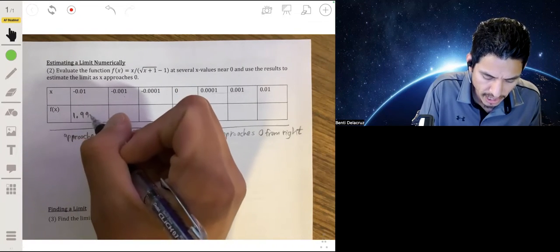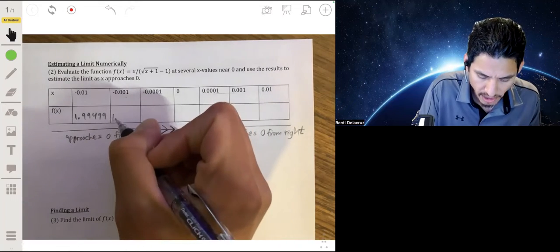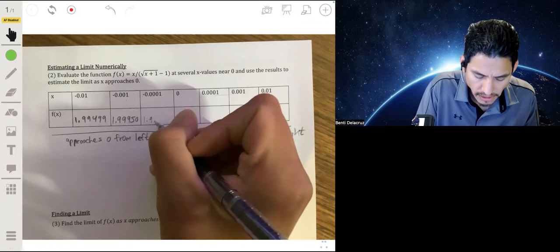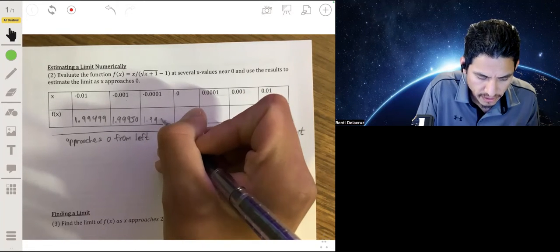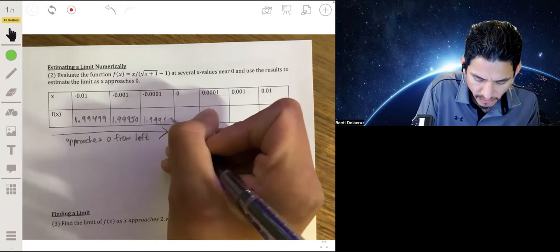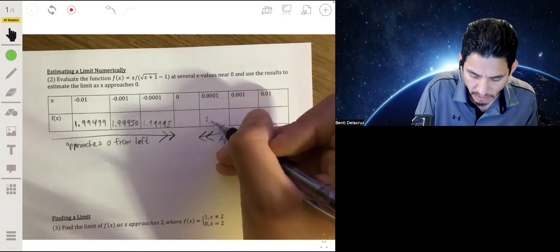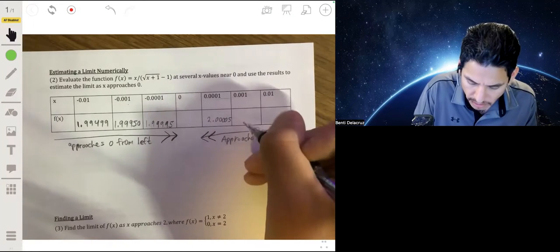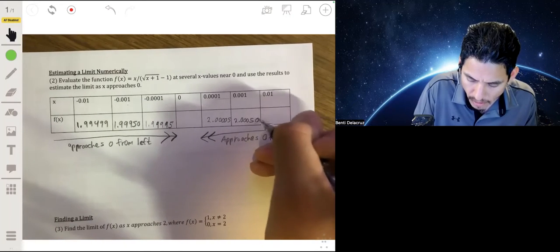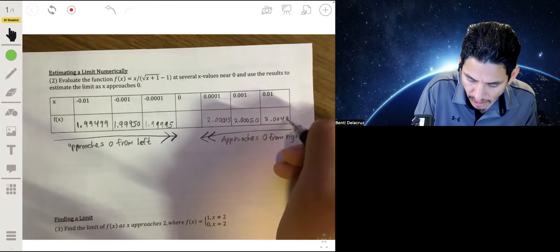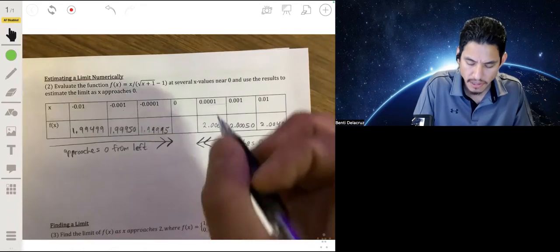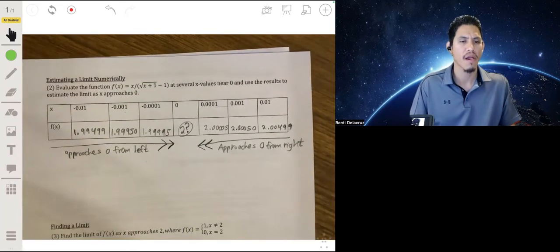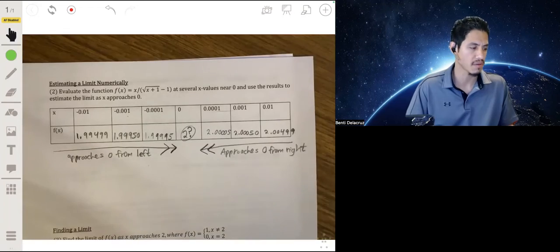Anyways, for this we would get 1.999499, and then 1.99950. I'm rounding these to the fifth significant figure. Then on the right side, we get 2.000005, 2.00050, and then 2.00499. You can probably guess that it's approaching 2. These values are bigger than 2, and these values are less than 2.